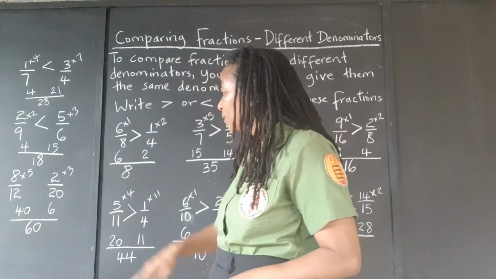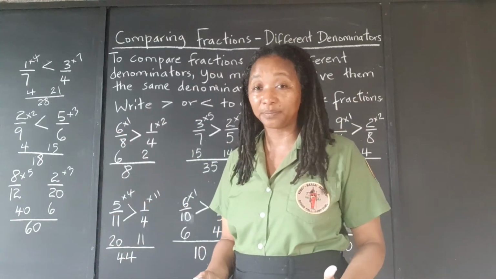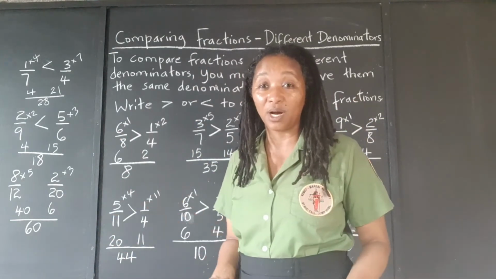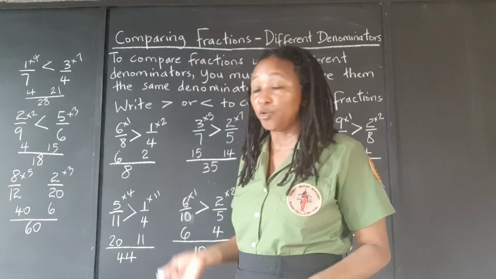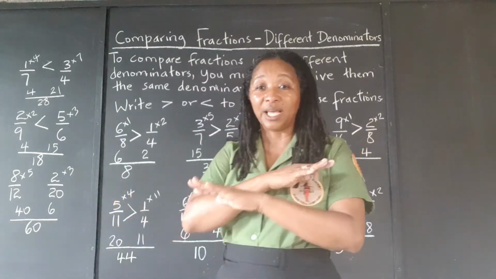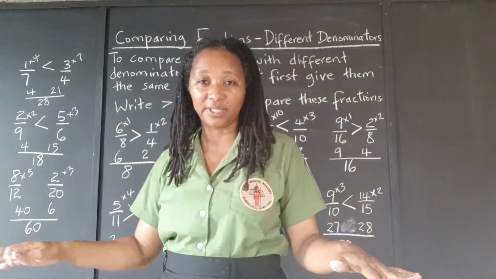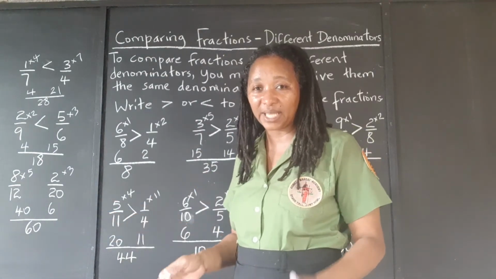So those who had looked at the 20 and said, oh my, 20 looks so big, that one must be the bigger one, you would be wrong. You really have to check. You really have to put them over. You have to level the field, in other words. You have to level the playing field. Everybody starts from the same place.